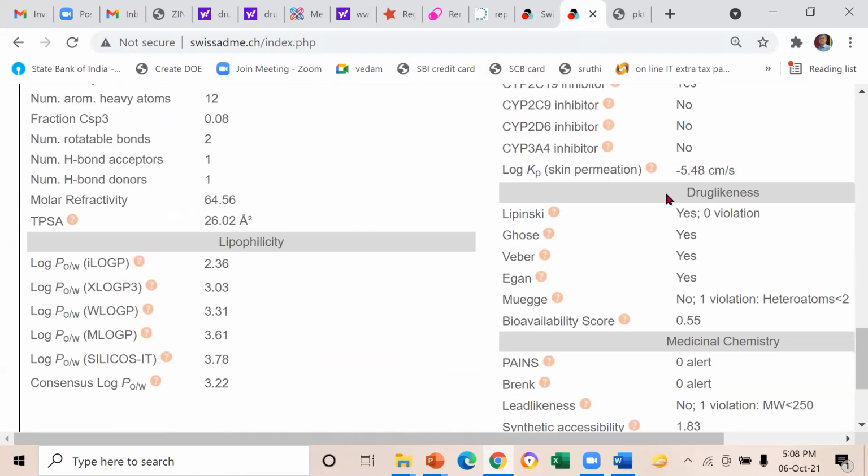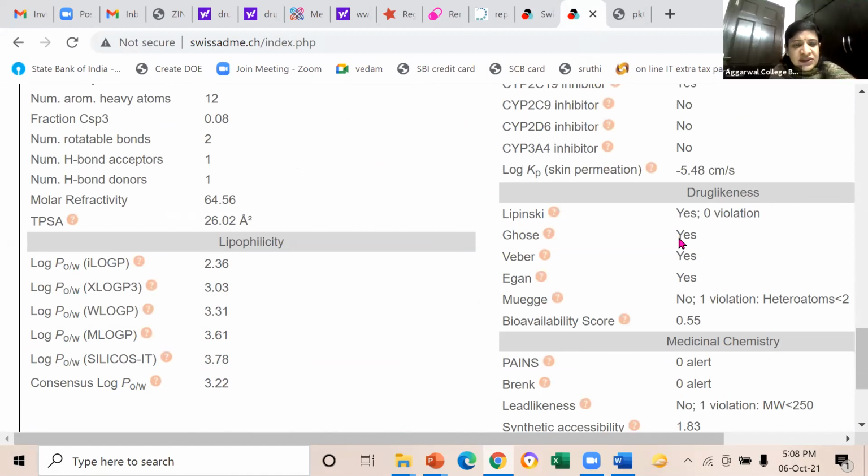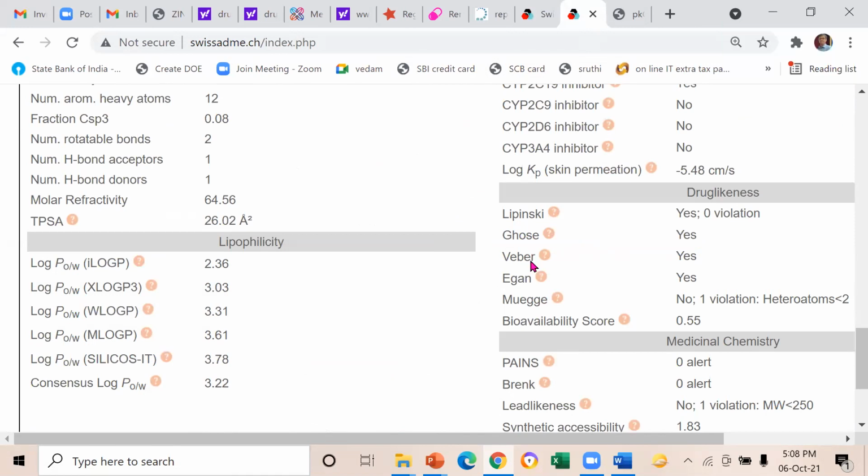You can see this. Can you all see this? Yes, sir. So you see Lipinski's rule, Ghose rule, Veber rule, Egan rule, Muegge rule, all these rules, and it says yes, it satisfies. Muegge maybe no. So Swiss ADME calculates that also.